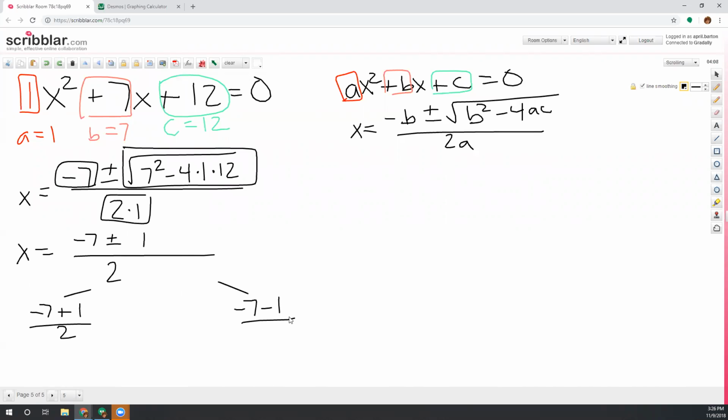Yep, negative 7 though. That minus sign does stay with it, because the formula said it was a negative b. And so that 7 became negative when we plugged it in. So when you simplify fractions, yep, negative 7 plus 1 over 2 and negative 7 minus 1 over 2.